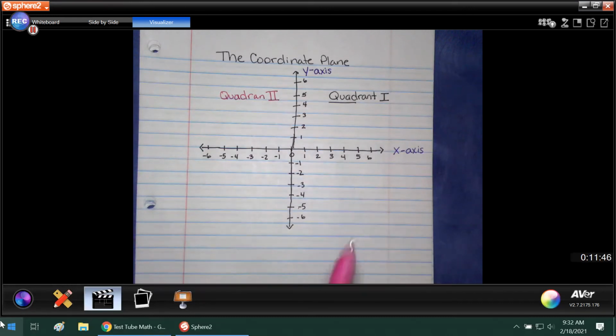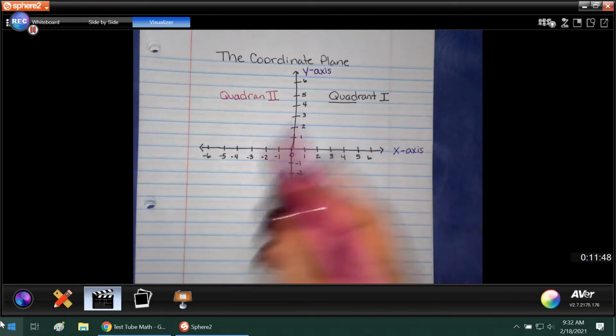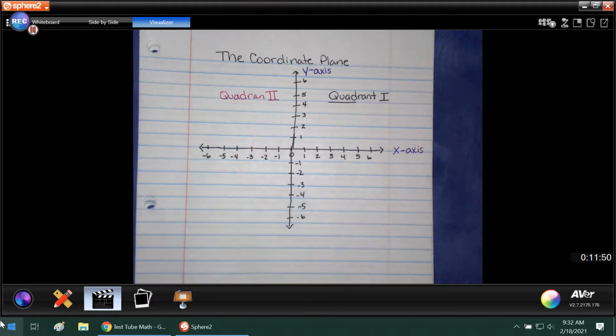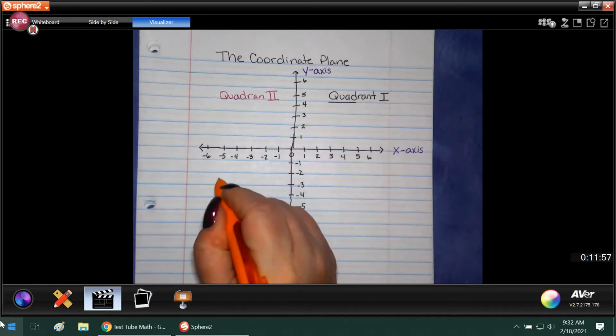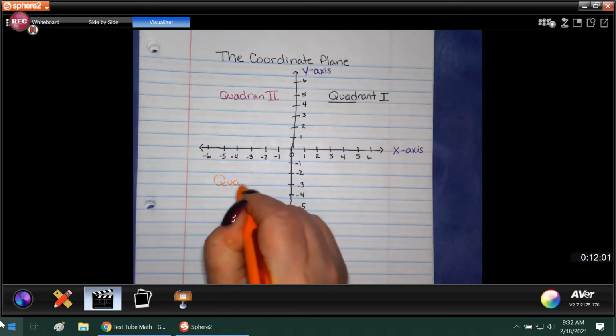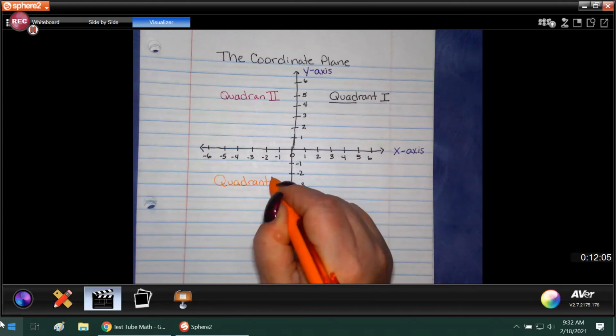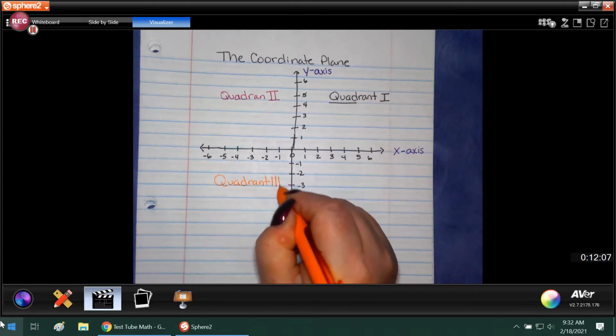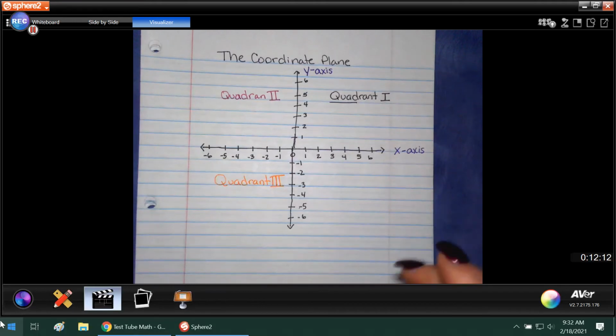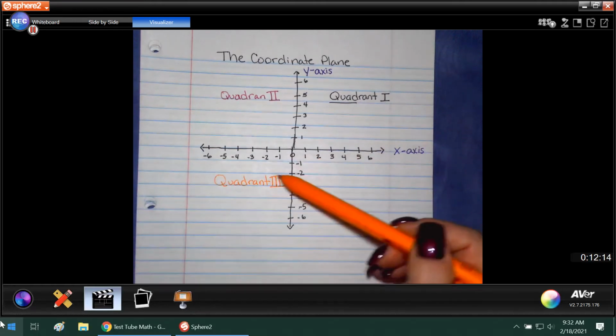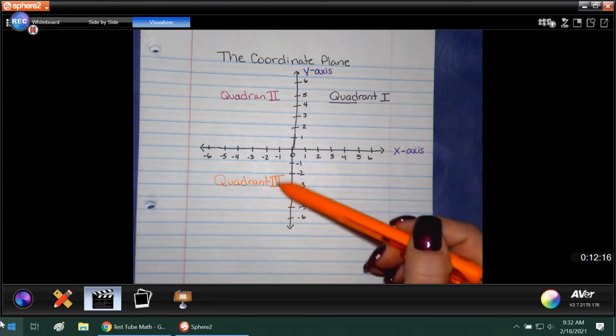Opposite of the clock. So, if I'm going to name this section, let's use orange. Hopefully, you should be able to guess that this is going to be quadrant 3. Roman numeral 3 is 3 verticals.